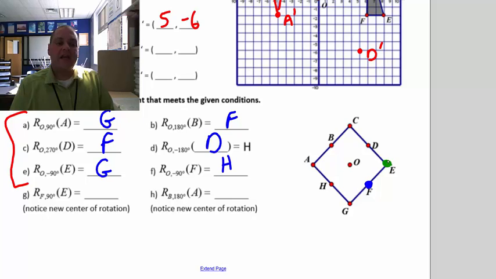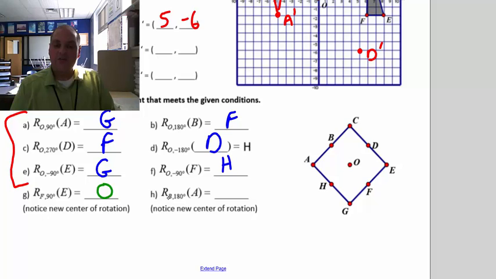Well, if we do 180, we know we're going all the way to here. See that 180 degree angle? 180 would be G. We don't want to go there. Let's go halfway. Halfway would be O. See how it's halfway there? Okay. So O is halfway to G. So that is the answer there.